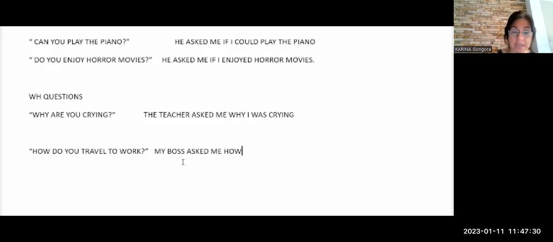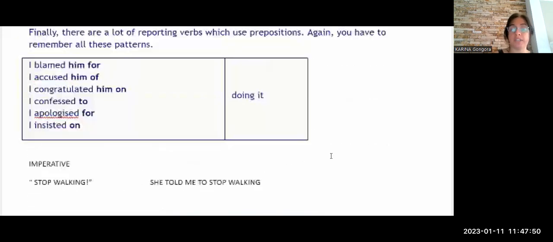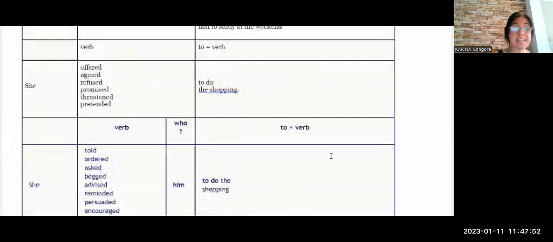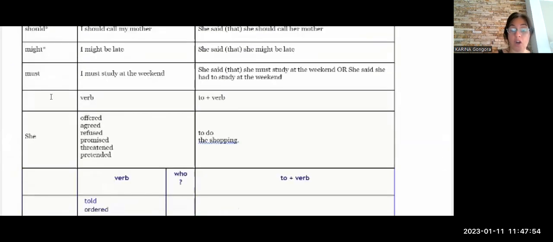My boss asked me how I traveled to work. Stop, right? That's it, okay? So remember, depending on the sentence, you will have a different transformation in reported speech. This is up to here on the table.